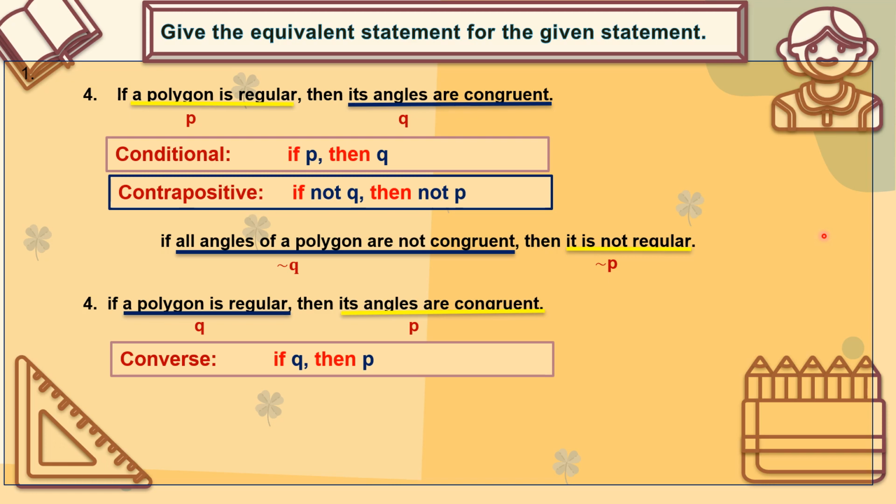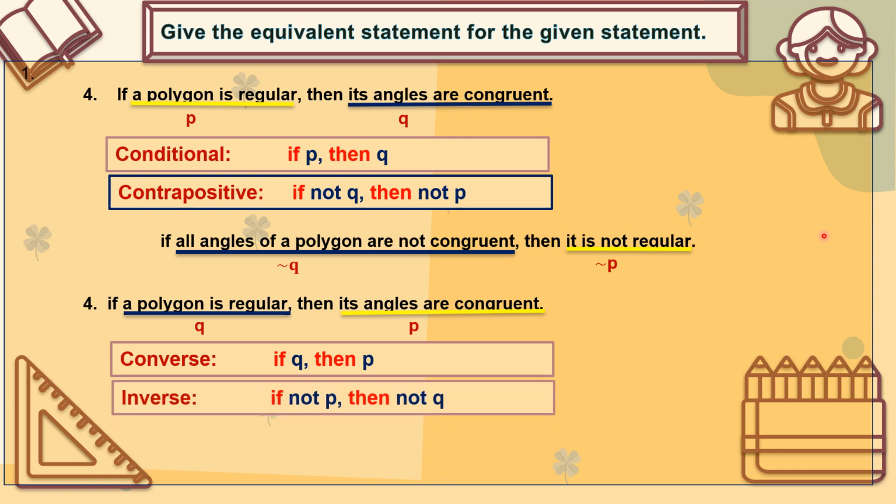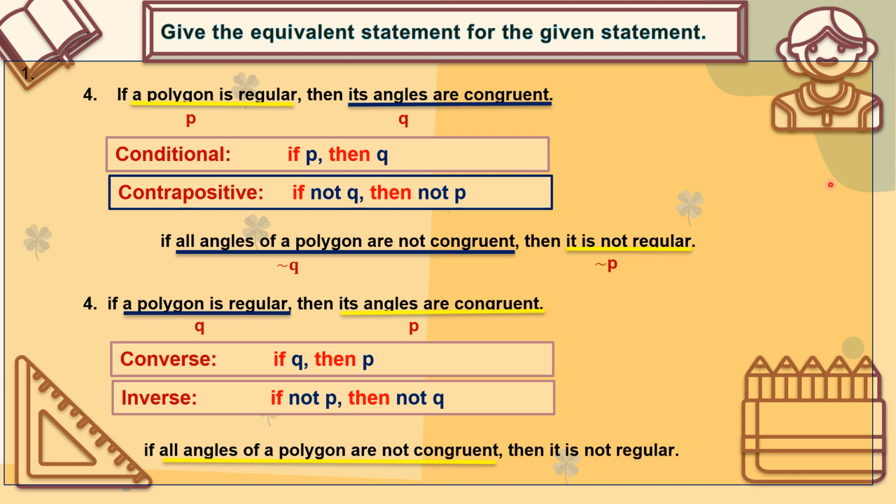Next, ano equivalent statement ng converse? So, inverse. Kapag inverse, if not P, then not Q. So, ano magiging statement? Magiging, if all angles of a polygon are not congruent, then it is not regular. Okay? So, ano ang magiging hypothesis?